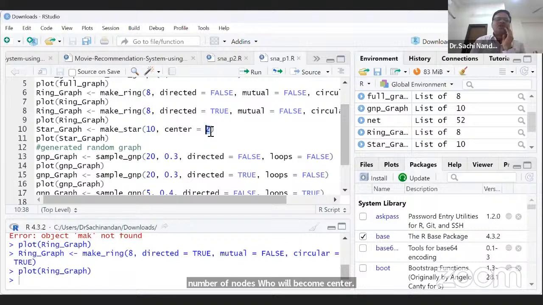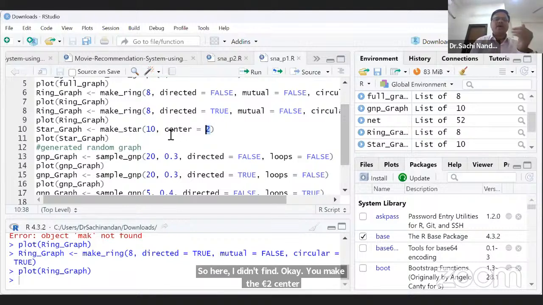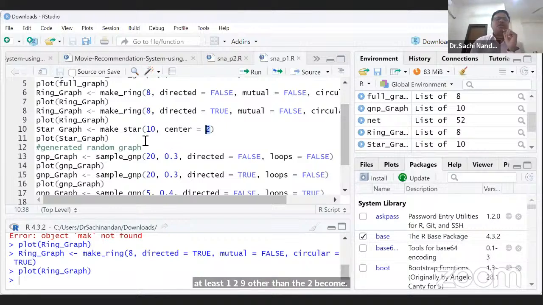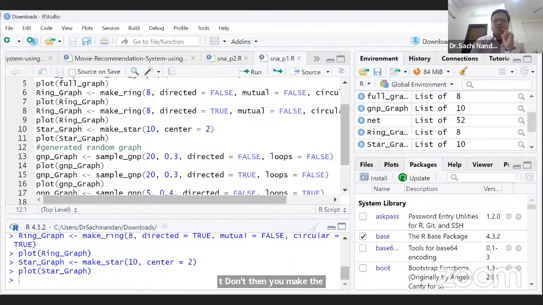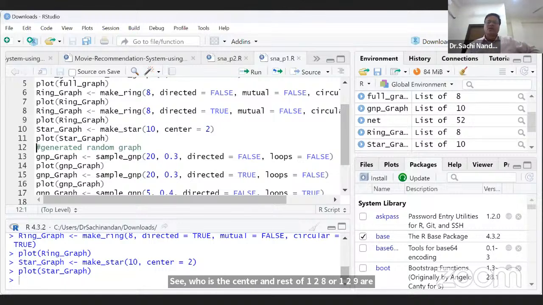You make 2 the center, and the rest, 1 to 9 other than 2, connect to the center 2. Then you run it, make the graph, and see the output. See, 2 is the center, and the rest are the clients. So these are the clients and this is the server, right?